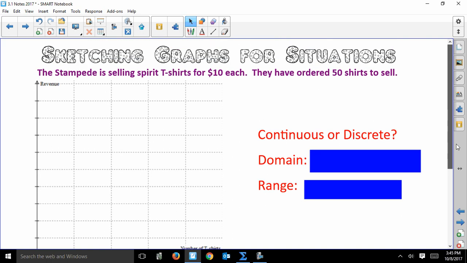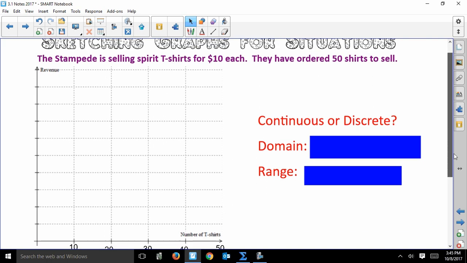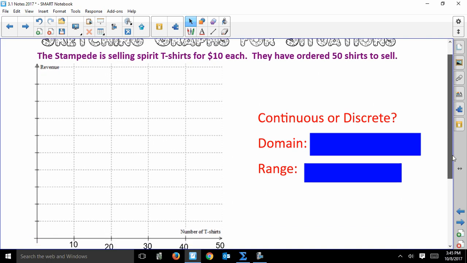Okay, the y-axis represents the revenue that the school store has taken in. Each shirt is being sold for $10 each. That means that they could take in a total of 10 times 50, or $500. When I count all of the tick marks on the y-axis, I have 1, 2, 3, 4, 5, 6, 7, 8, 9, 10.